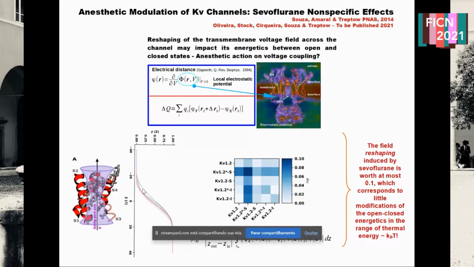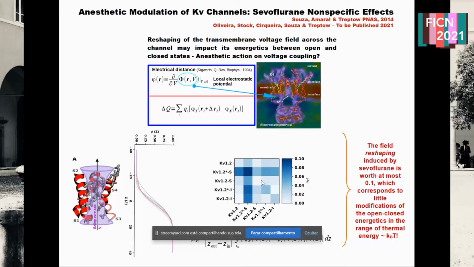And the level of reshaping across the transmembrane field in presence of the ligand was then quantified in the form of this parameter, MKL, which, as described in 2014, accounts for the cumulative electrical field reshaping along this gating pore axis. And the results are summarized here in this matrix.